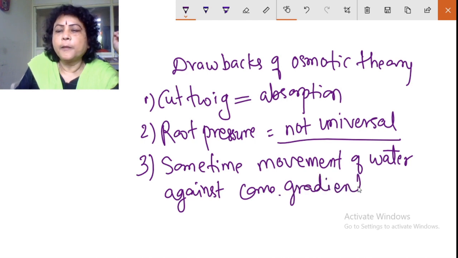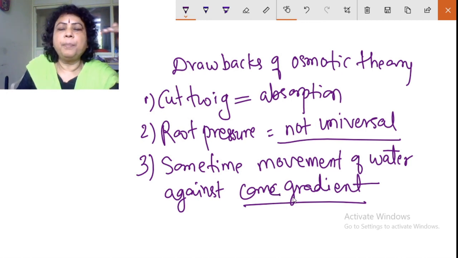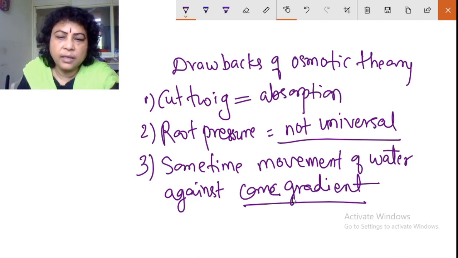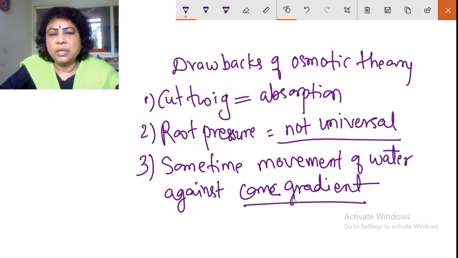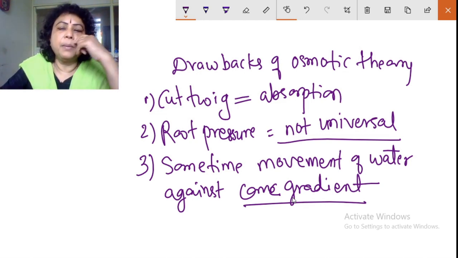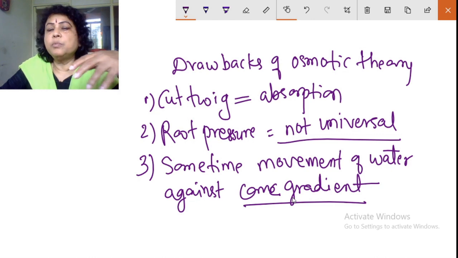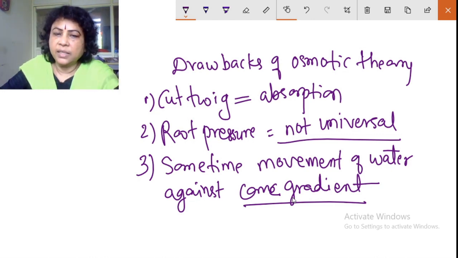Okay, so what does against the concentration gradient mean? When we apply fertilizers to the soil and water, it produces a soil solution having a concentration more than that of the plasma of the epiblema cell. Then also the movement of water takes place. So it is not possible with the osmotic theory.